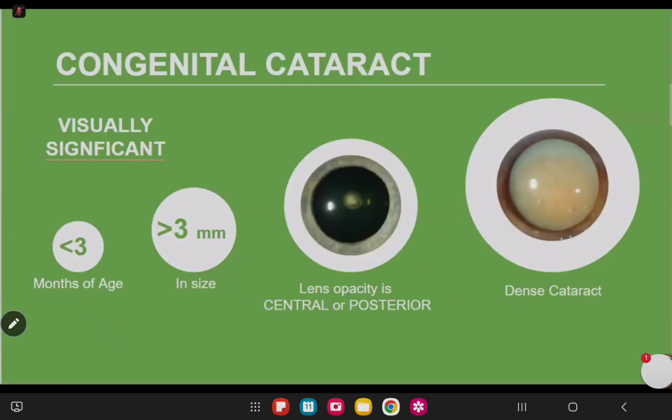So if your congenital cataract is less than 3 millimeters in size, it's not that significant. However, if it's greater than 3 millimeters in size, it's already significant. Also, if the patient's age is less than 3 months of age, it's still not that significant.